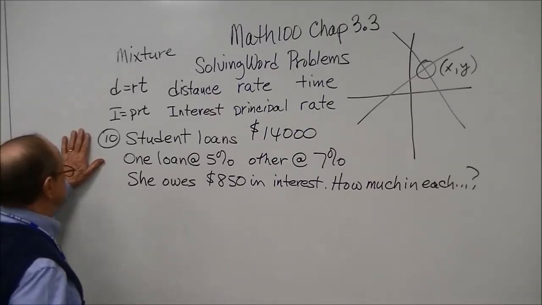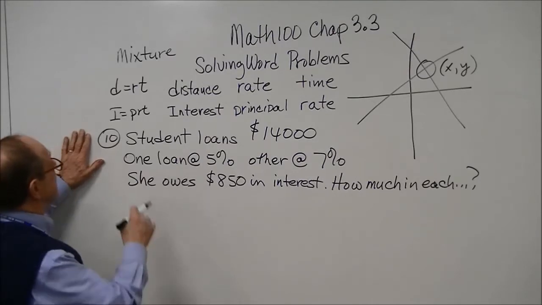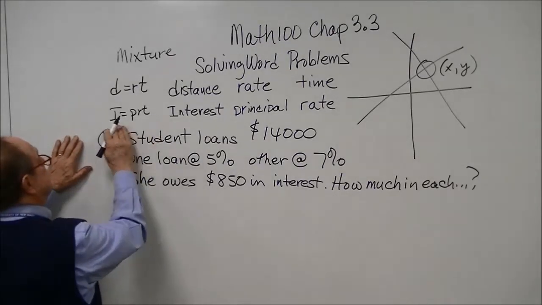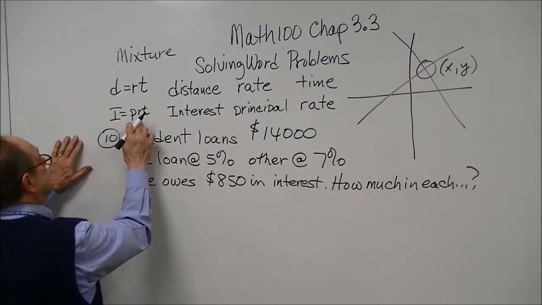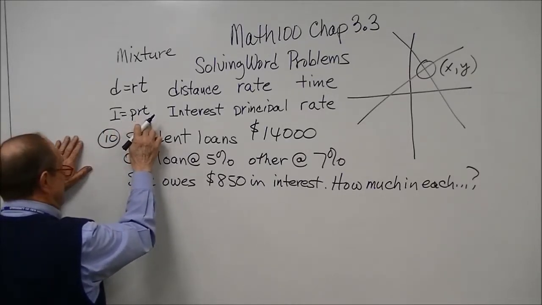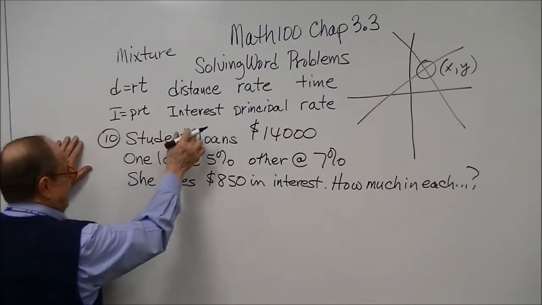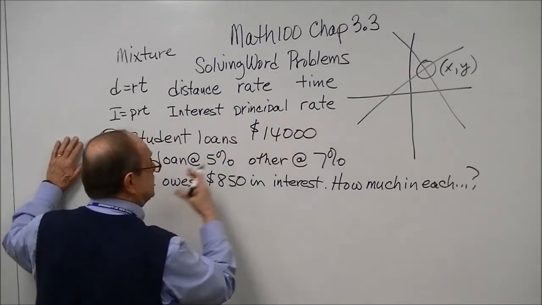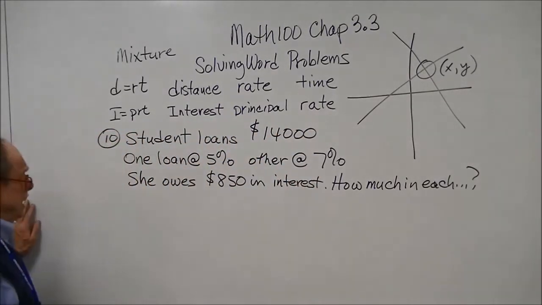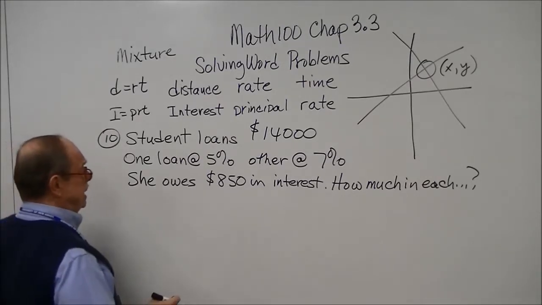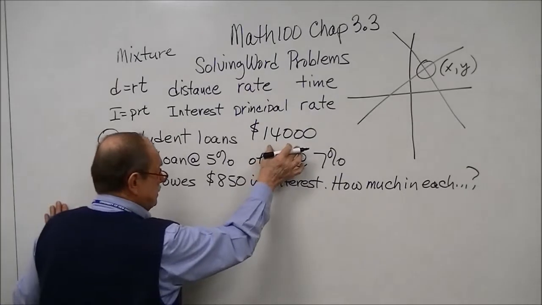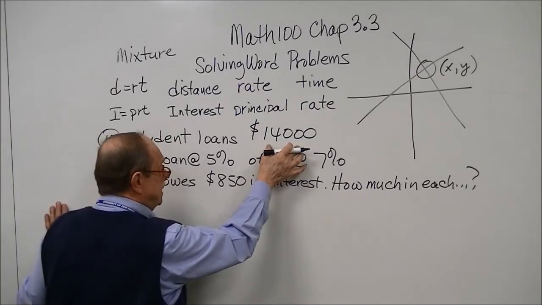In example 10, we're finally getting to this formula here, where interest equals principal times the rate times the time. And we'll show you what that is as we go on here. Now here, Whitney, who is a student, has taken out student loans for $14,000.